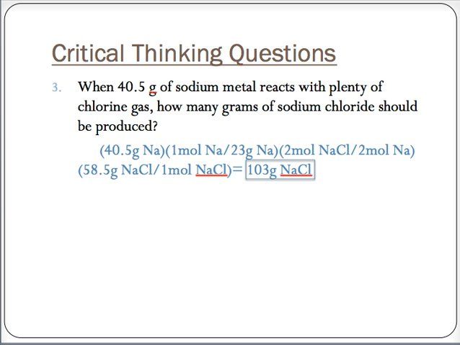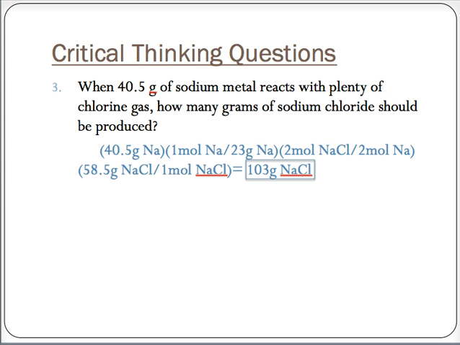Question number 3. When 40.5 grams of sodium metal reacts with plenty of chlorine gas, how many grams of sodium chloride should be produced? First you start with the initial 40.5 grams of sodium. You multiply that by the molar mass of sodium, which is 1 mole over 23 grams of sodium.